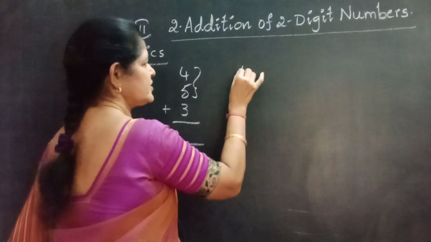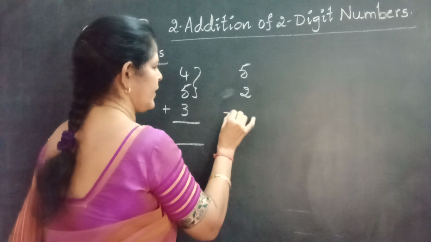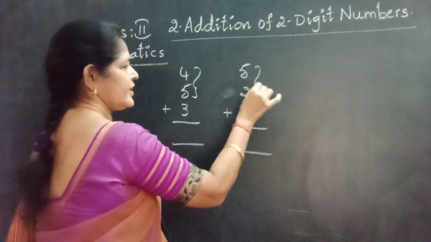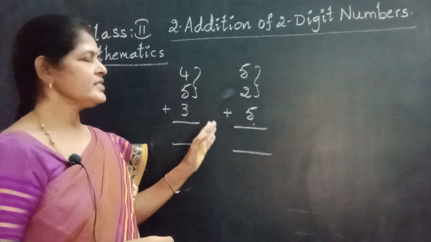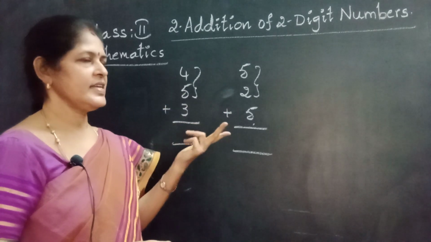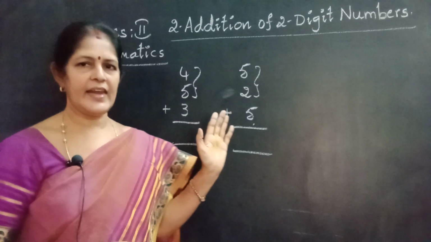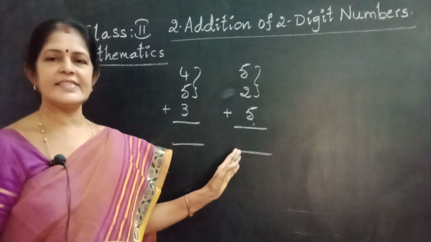If the addition is given like this, 5 plus 2 plus 5, here also add these two numbers, then go to the next number. If in a 3-line addition, any two numbers add up to 10, we get the sum 10. See here, 5 plus 5, 10. 10 plus 2, 12. Easy way.